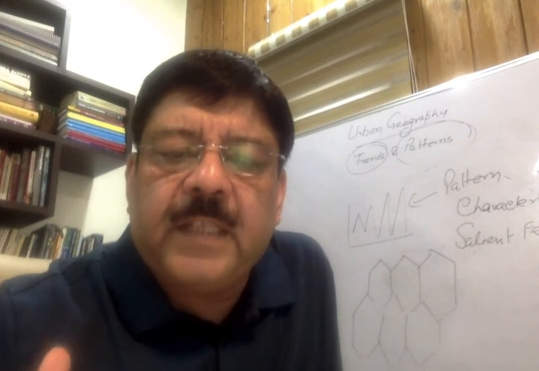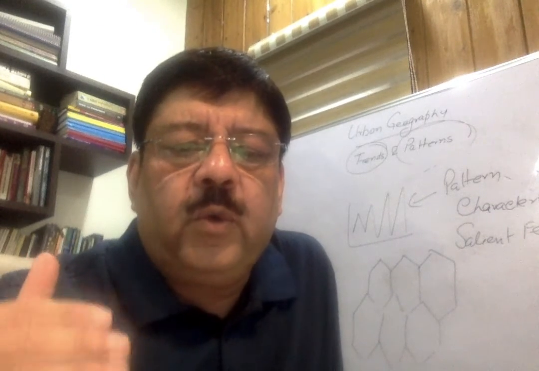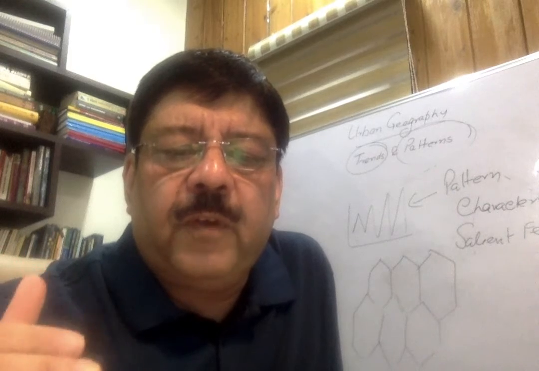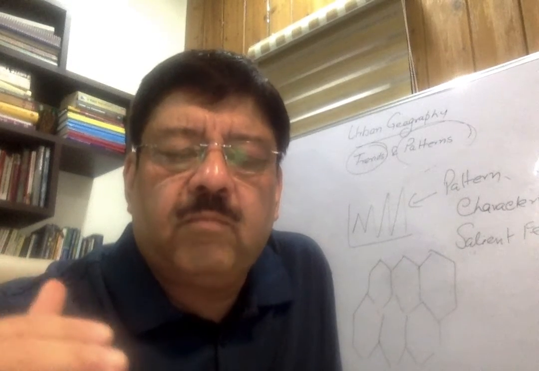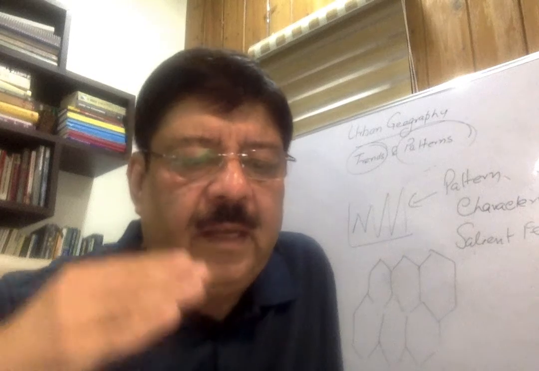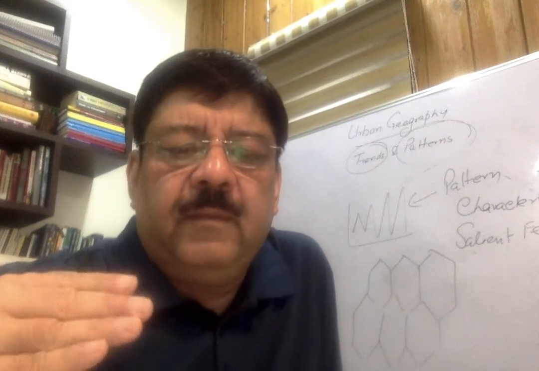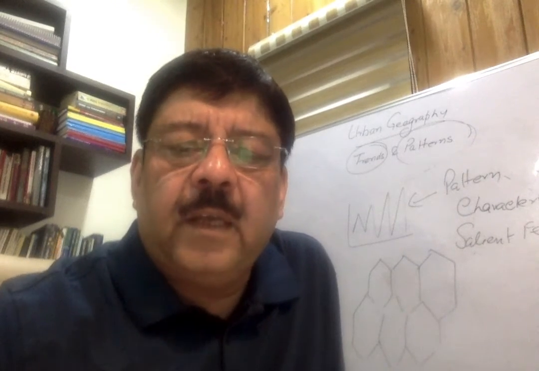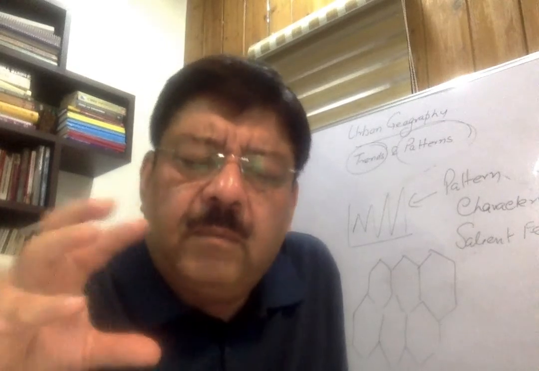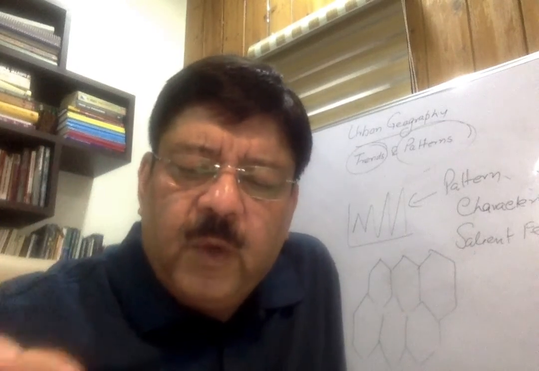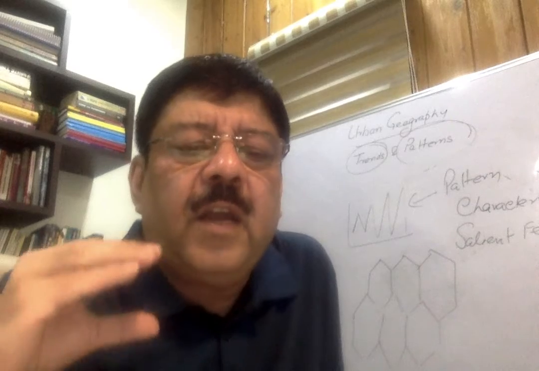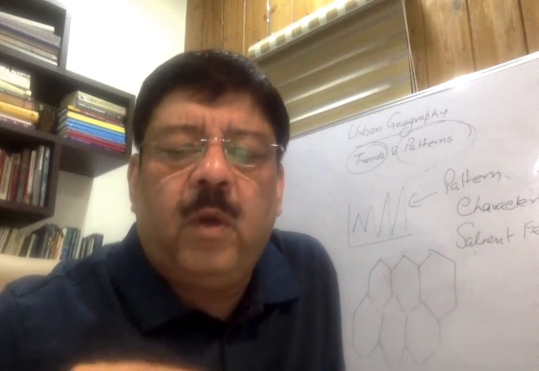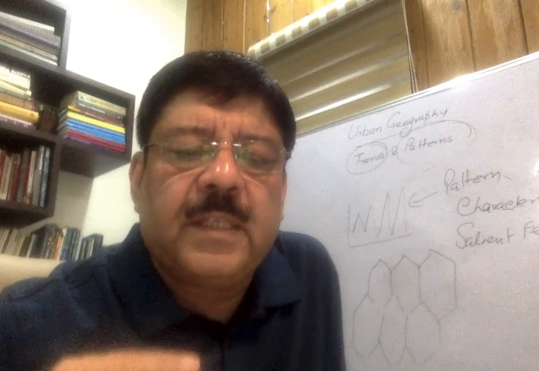It is predicted that around the year 2050, the world will be almost 80% urbanized. And 80% means we can say the whole world will be urbanized. There will be some patches of rural, agrarian areas, but almost the whole world will be urbanized.